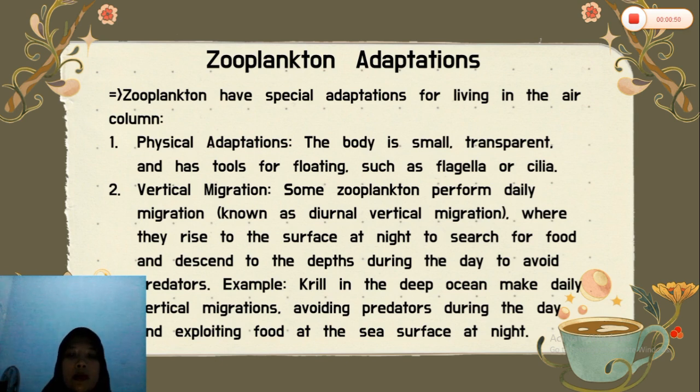Some zooplankton perform daily migration known as diurnal vertical migration, where they rise to the surface at night to search for food, and they swim to the deeps during the day to avoid predators. Example, krill in the deep ocean make a daily vertical migration, avoiding predators during the day and exploiting food at the sea surface at night.